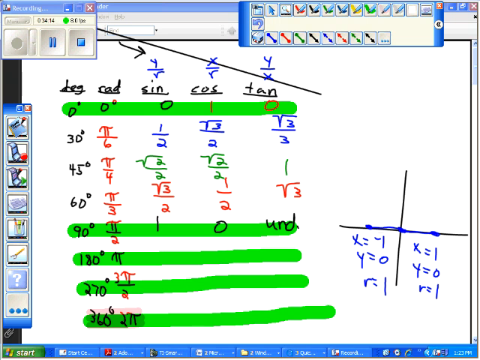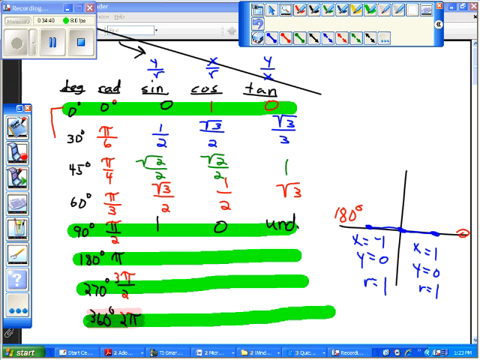Pythagorean theorem, square root is always positive, right? Distance is always positive. So what's going to happen when you go from the right to the left? It's going to change the sign. So if we already know what the sine of 0 is, to get the sine of 180, all we have to do is change the sign. Same stuff.